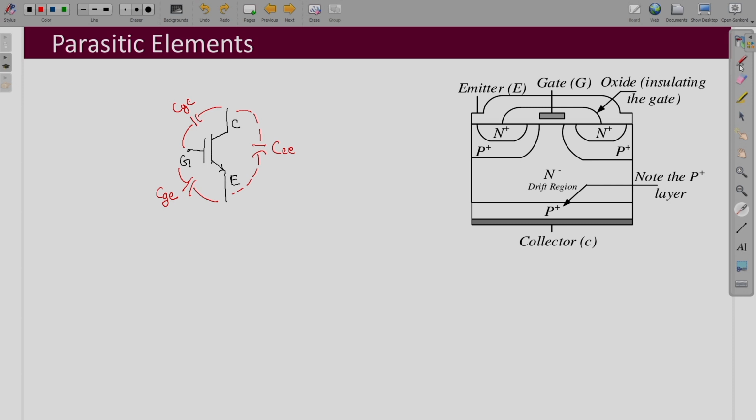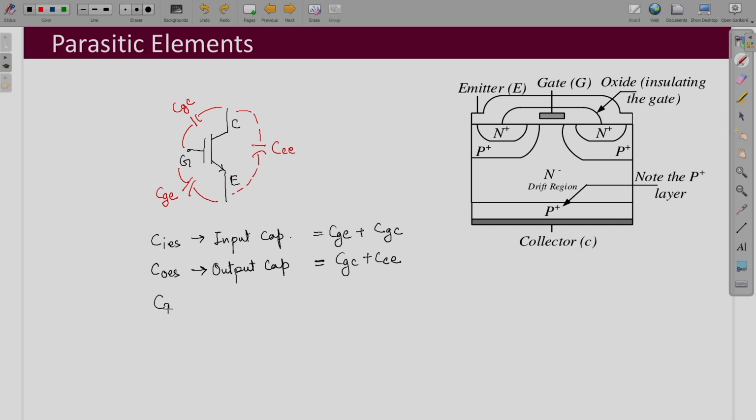So, here this input capacitance, your CIES, like in case of your MOSFET, is the sum of your gate to emitter plus your gate to collector capacitance, and your output capacitance COES is the sum of your gate to collector plus your collector to emitter capacitance.